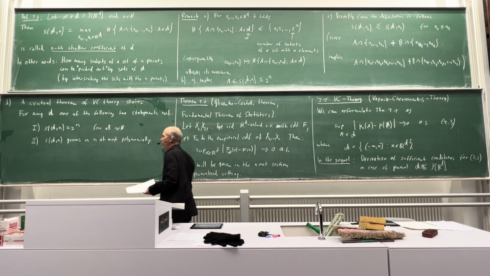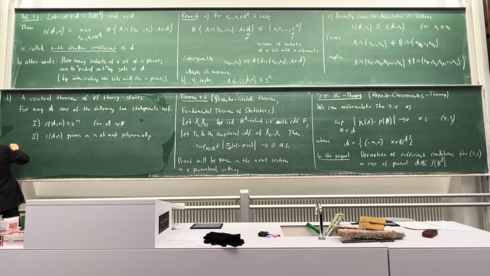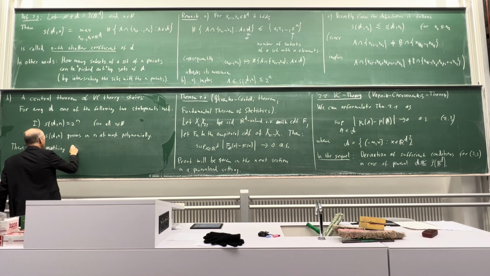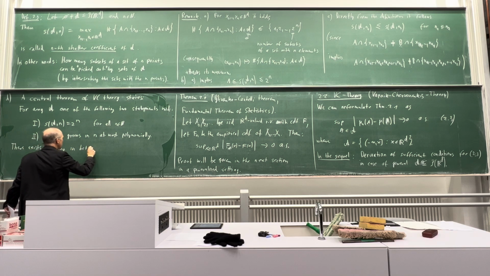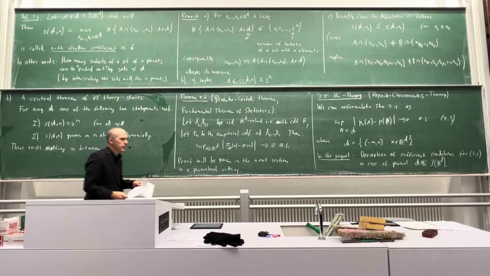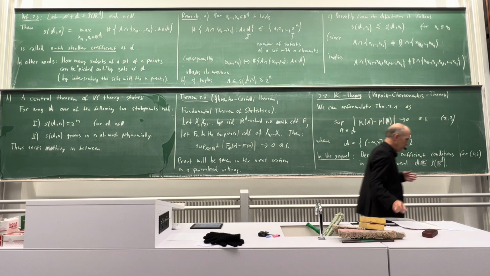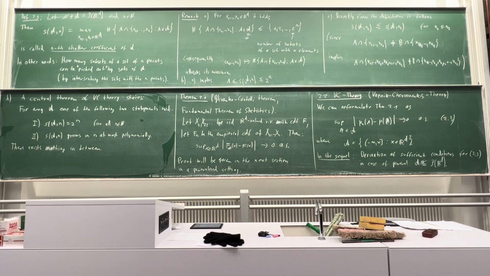There exists nothing in between. So you cannot construct a subset of the power set of R^d such that, for instance, S_A(n) grows asymptotically like the square root of 2 to the power n. That's not possible.